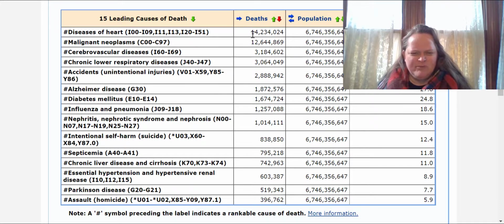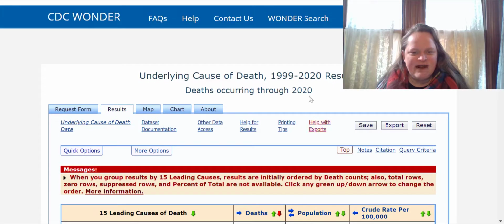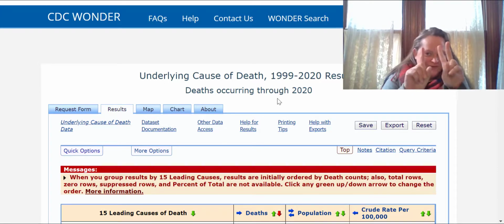When we look at these numbers, you're like, 14 million, what the heck? There were 3 million people died in 2020. Well, when I pulled this, it is for the entirety of 1999 through 2020, which is a 22-year period. So full year 1999, that's 1 year. 2000, that's year number 2. And then 2001, so then we got 3 years.